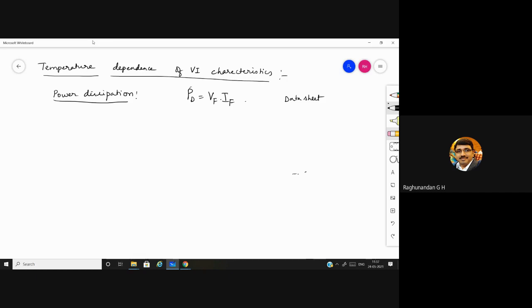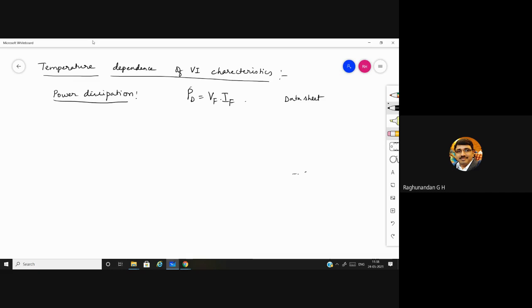So you cannot change these values. But when your voltage and current keep on increasing, more and more heat gets dissipated on the device. So the maximum power that can be dissipated by the device under normal operation will be given out by the manufacturer.